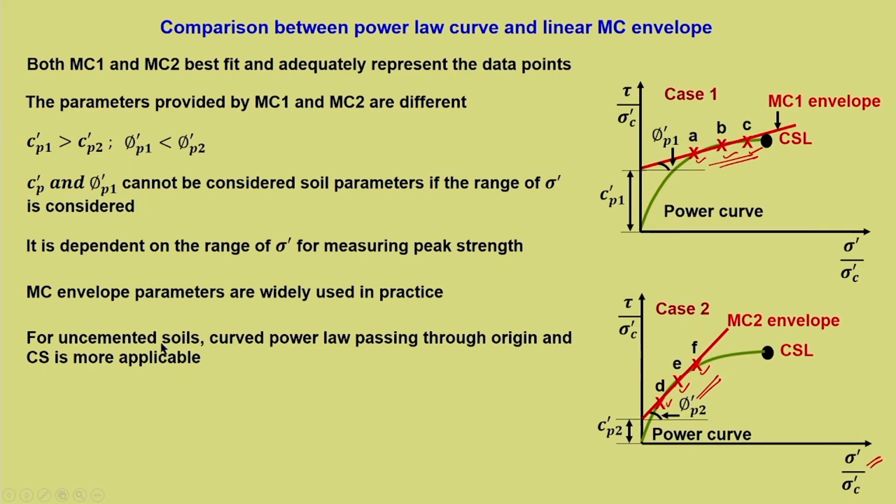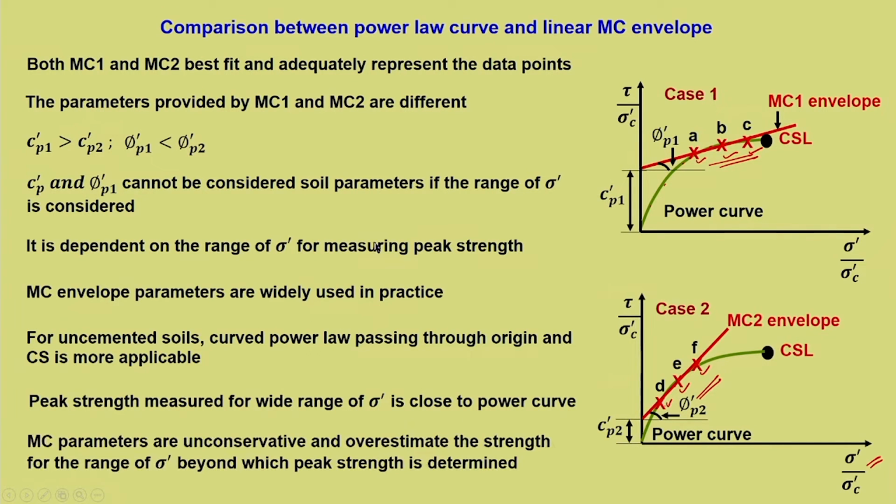So, for uncemented soils, the curved power law passing through the origin and critical state is more applicable, or more general in nature, than the Mohr-Coulomb failure envelope. Peak strength measured for a wide range of sigma dash is close to the power curve. If we include a different range during the determination, then that particular Mohr-Coulomb envelope will be more generalized and close to what we represent using peak.